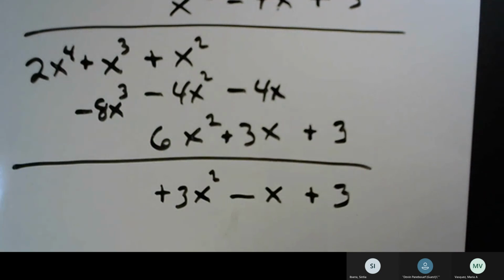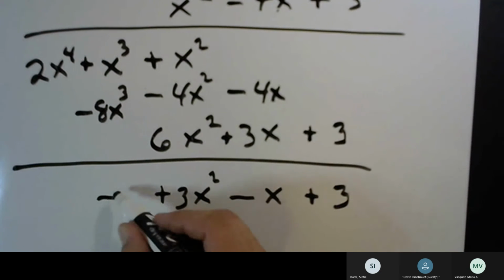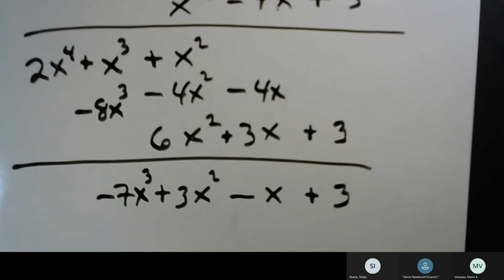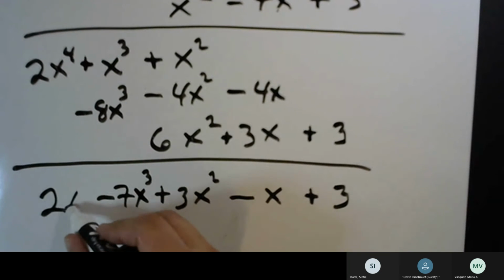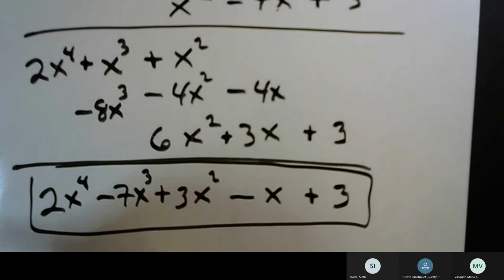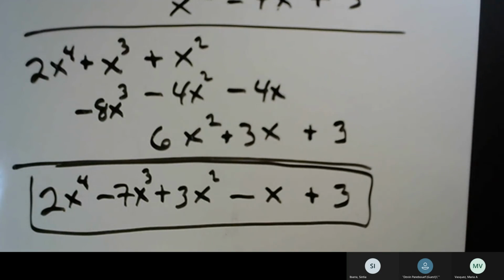X cubed, negative 8, plus 1 is negative 7x cubed. And then we have the 2x to the 4th. And that is so much faster. And that's it. Questions about that?